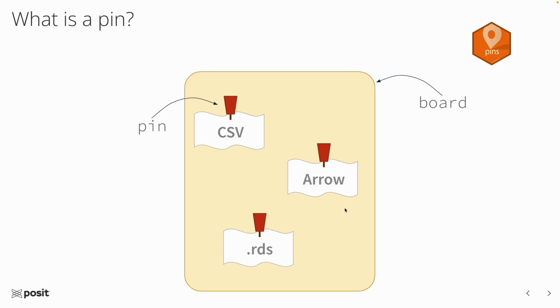So if we pin files, what is a board then, right? A board is anything that can contain a file, such as a folder, right? It could be also a regular cloud storage, or even SharePoint, or especially Posit Connect, where you can not only publish Shiny apps or Dash apps, you can also publish pins.